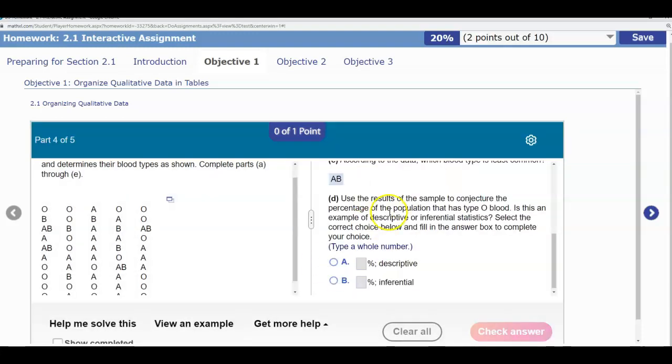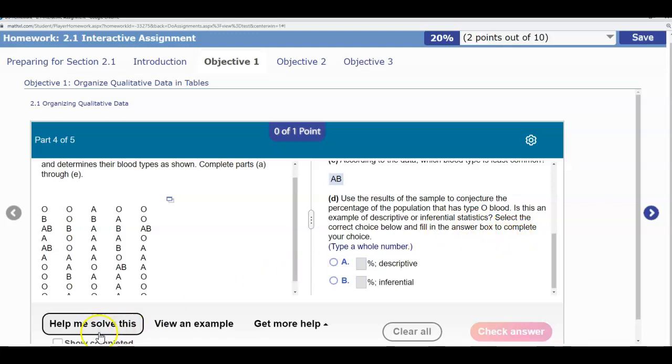Now it says, use the result of the sample to conjecture the percentage of the population that has type O blood. Is this an example of descriptive or inferential statistics? Select the correct choice below and fill in the answer box.